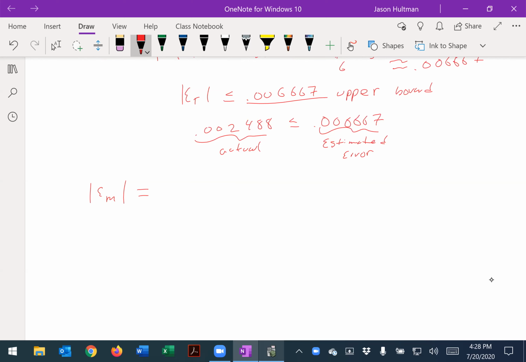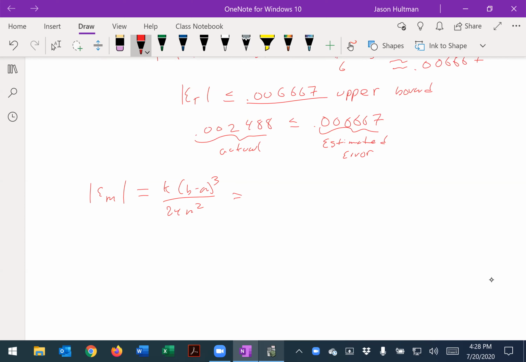It was k times (b minus a) cubed all over 24 this time, 24n squared. Well, k is going to be the exact same thing that we got before. Basically all I'm going to do is cut this estimated error in half, but we'll get there.